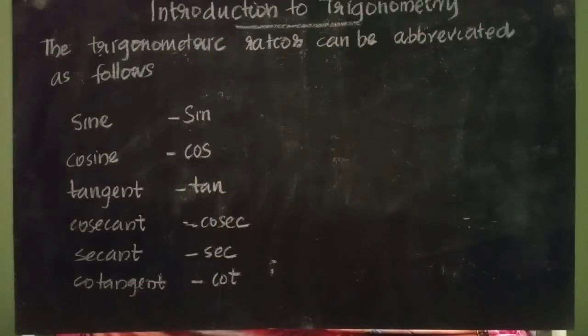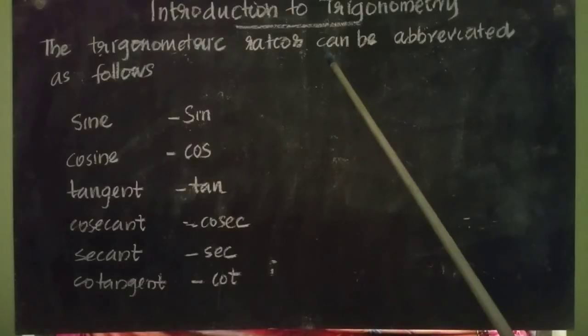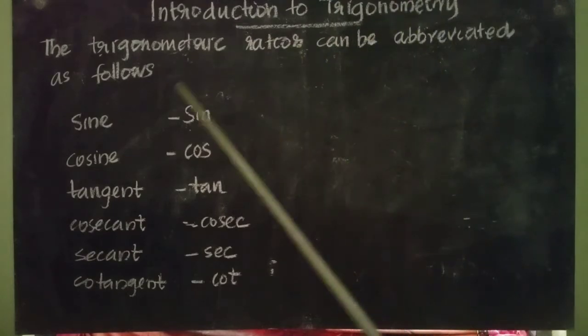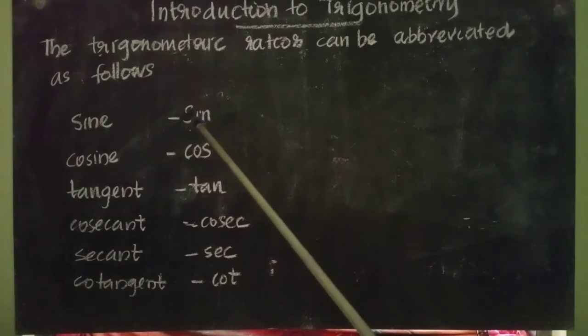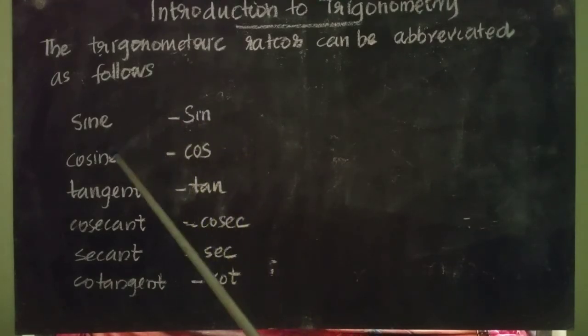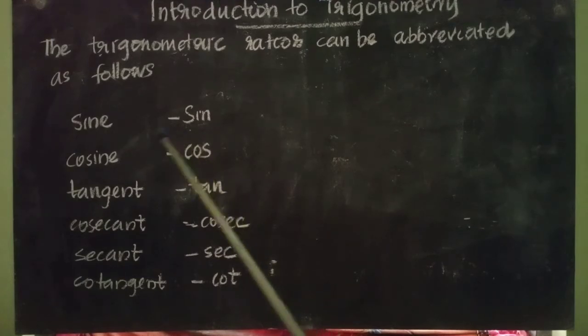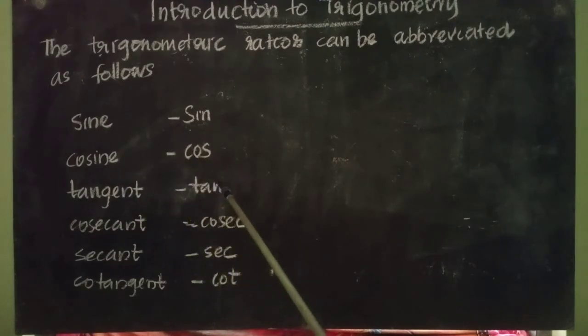The trigonometric ratios we have discussed can be abbreviated like this. Sine, we write like this: sin. Cosine, it is cos. Tangent, it is tan. Cosecant, it is cosec. Secant, it is sec. Cotangent, it is cot. Only this abbreviated form we are using.